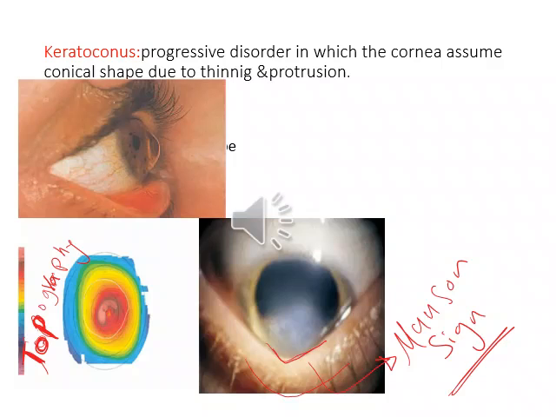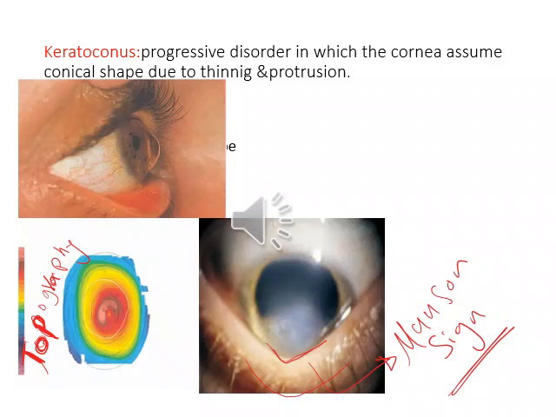So if we want our patient to improve his vision, we will start with spectacles in a simple case and follow up. We can use a rigid contact lens to reshape the cornea, with a plano power, zero power contact lens. And nowadays we do collagen cross-linking, especially to stop the progression, because the condition is progressive in children.